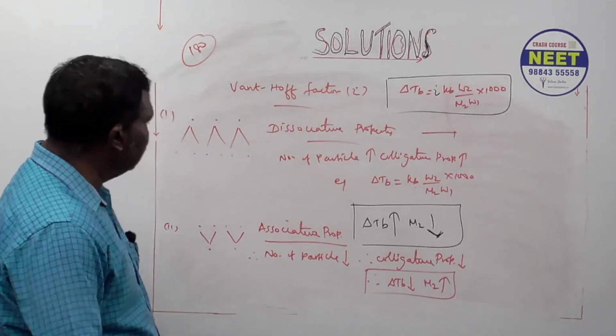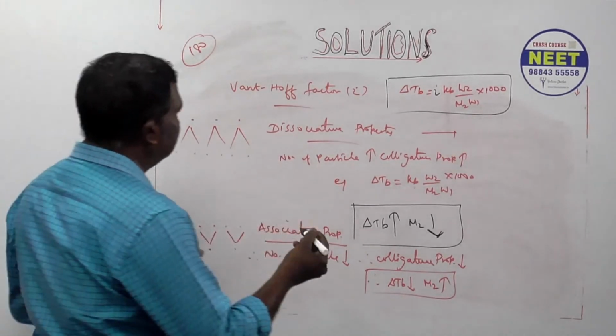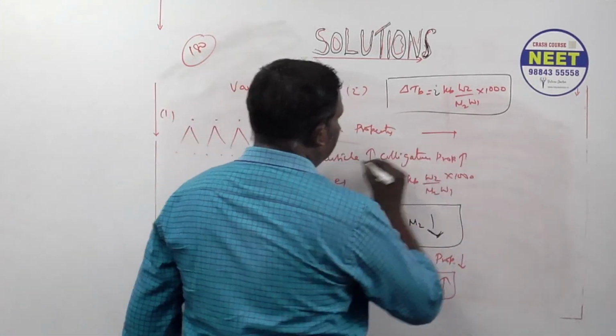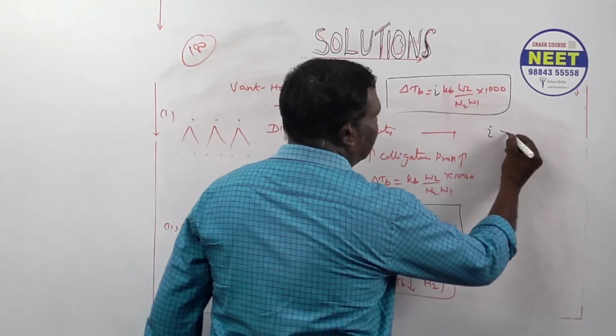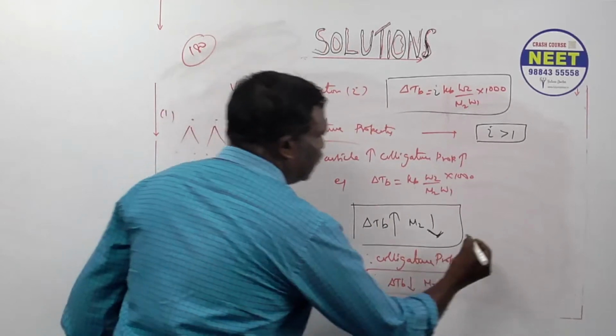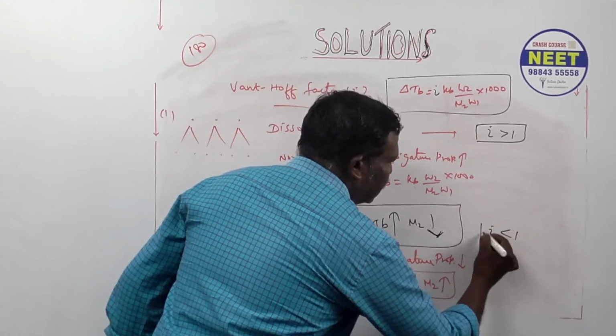Then here, one more thing, just mention. Dissociation means, you know, number of particles increases, no? So i value will be greater than 1. This is also important. During association, i will be less than 1. This also, just note down.